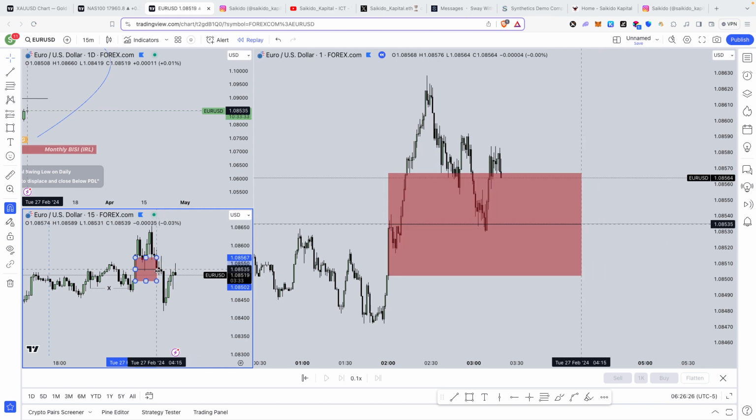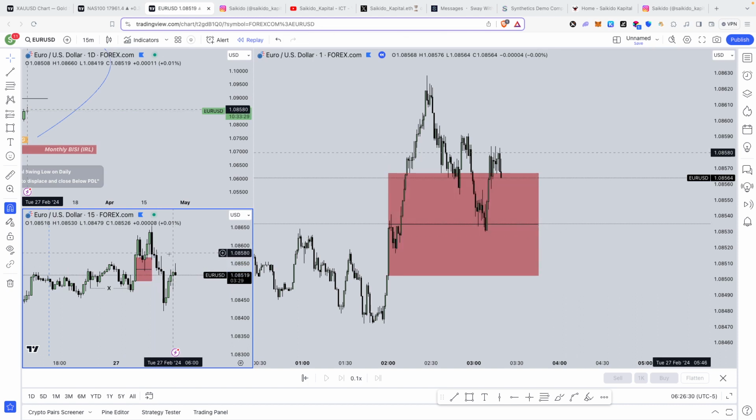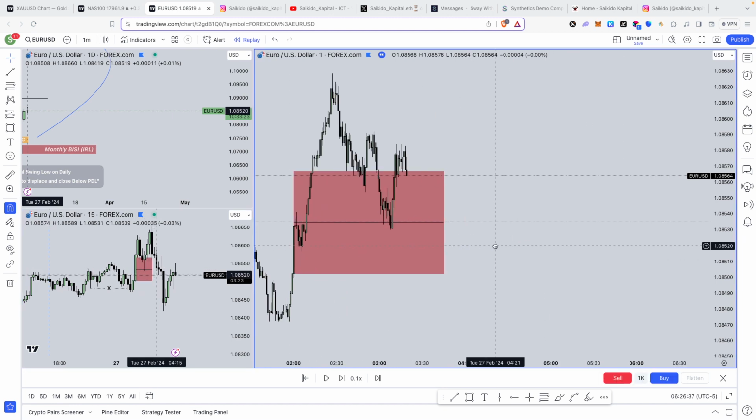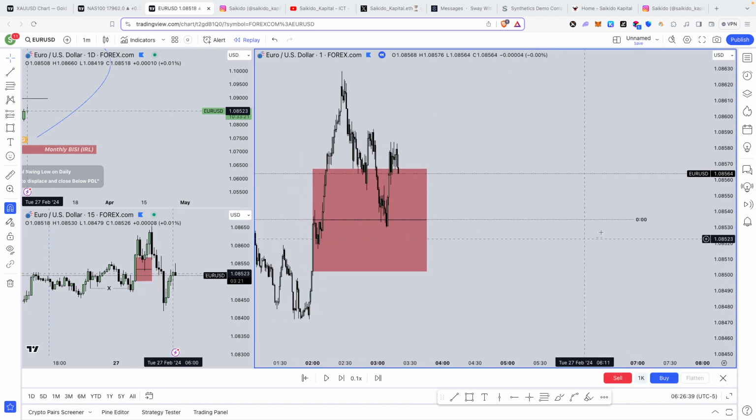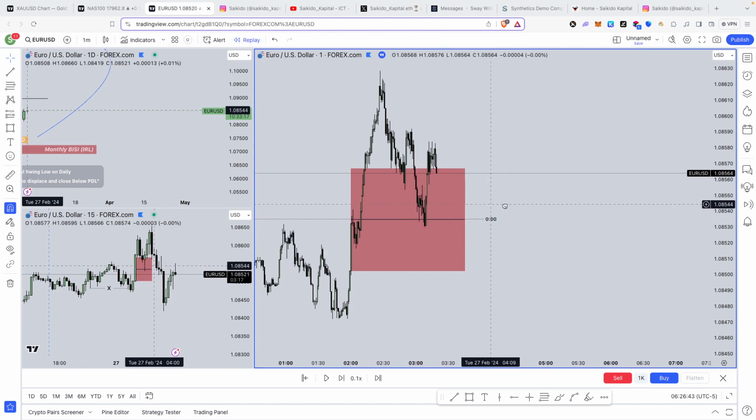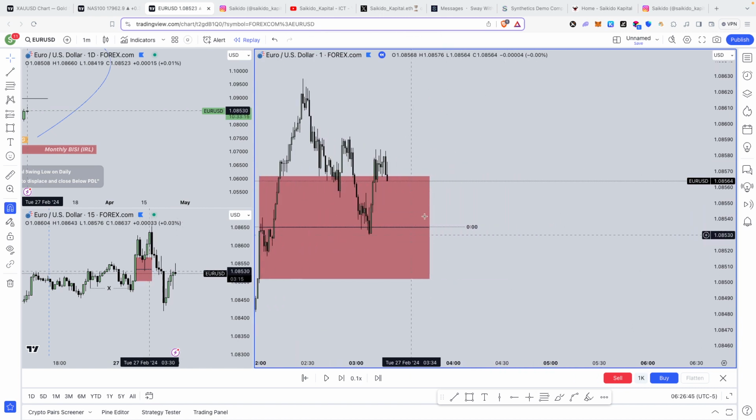This is the reaction I want you guys to focus on: the midpoint of this fair value gap is actually in line with the midnight open. See? It's like one line. You see?